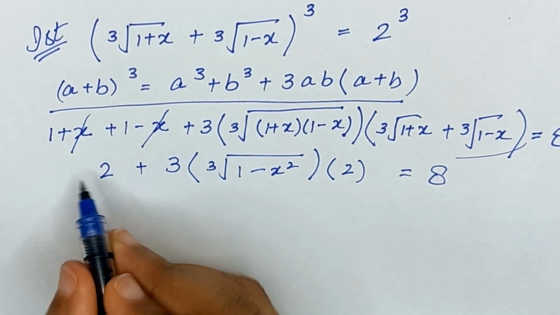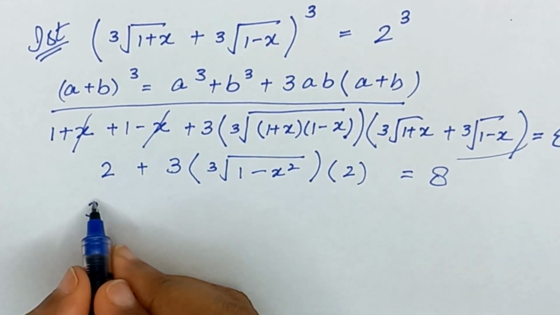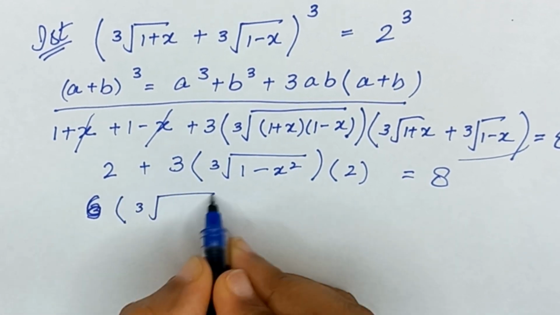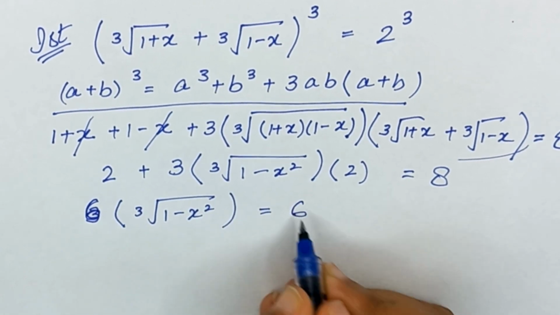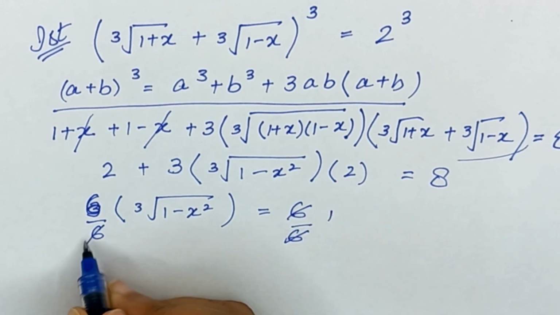I will take this 2 to the right hand side, so it will be 3 times 2 times, that is 6 times cube root of 1 minus x square, is equal to 8 minus 2, which is 6. Dividing 6 on both sides, it will be 1.